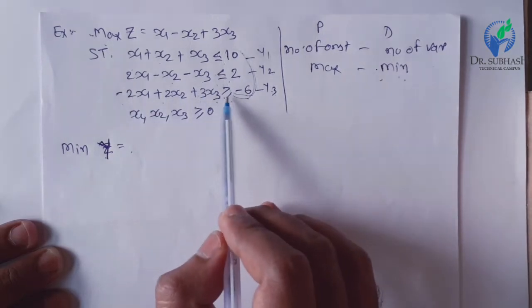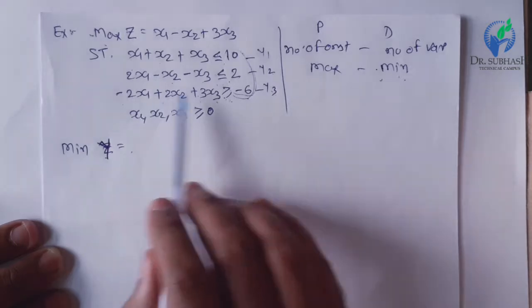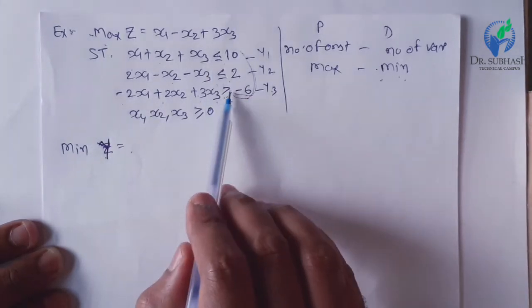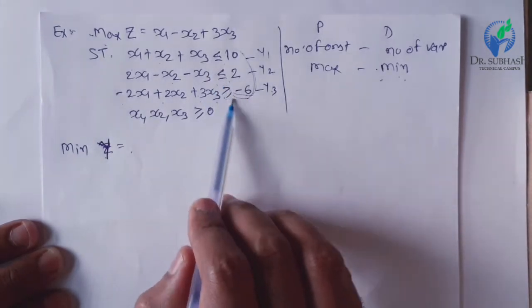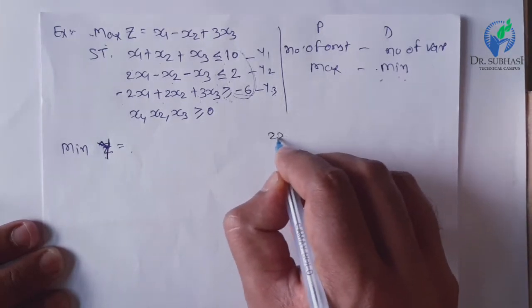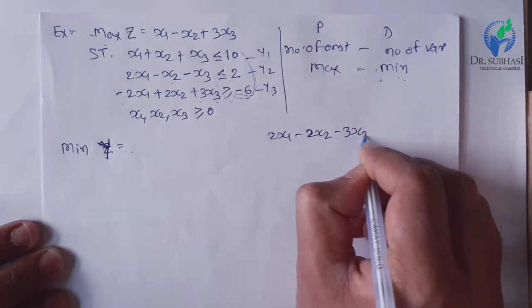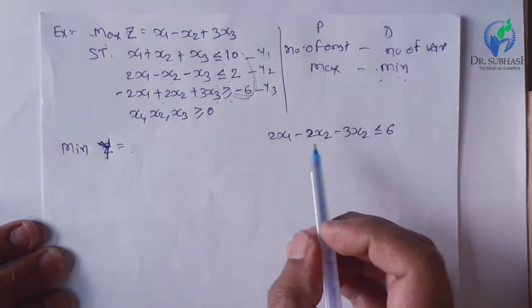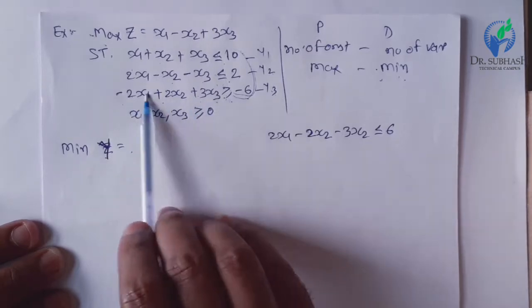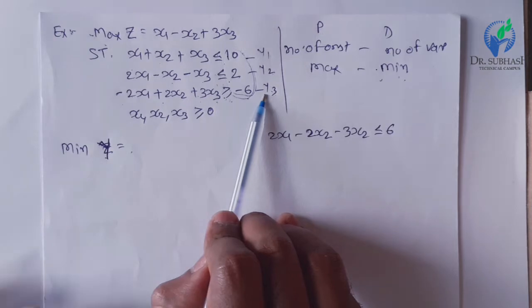Here one constraint is given as greater than or equal to type. So first we will convert this inequality into less than or equal to type. Then this constraint will become 2x1 minus 2x2 minus 3x3 less than or equal to 6. We just multiply the whole inequality by minus 1.